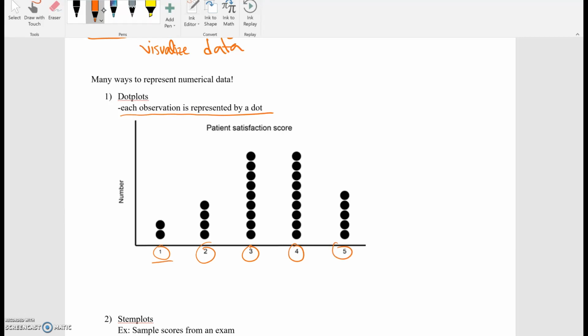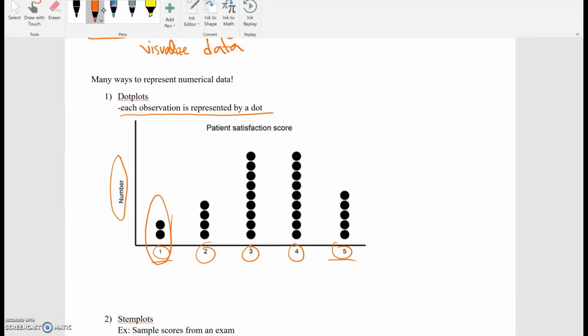So 1 means that they were not very satisfied with some particular service, and 5 means that they were very satisfied. The y-axis here represents the number of dots in the data set. In this case, the number of people that were not very satisfied was 2 people, so there are 2 dots there.